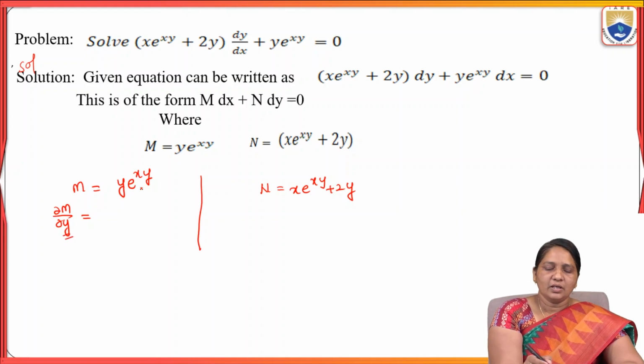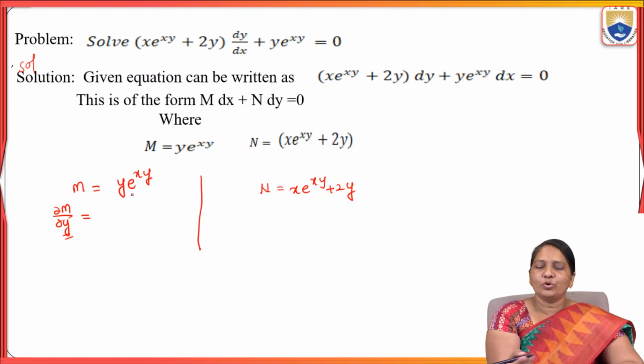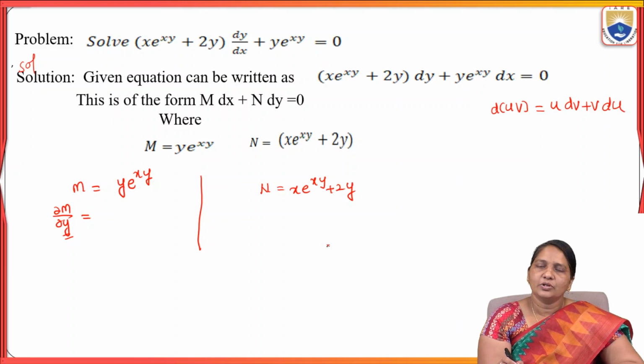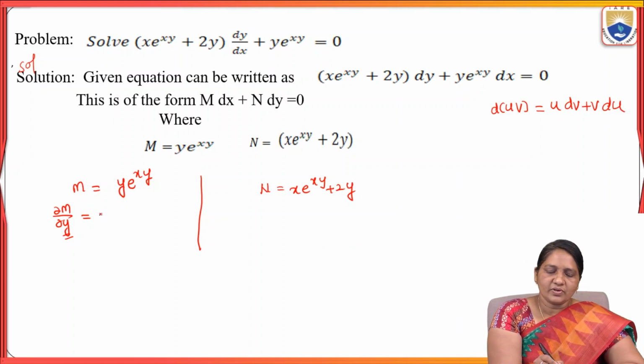Then here two terms are there, so I am going to use the formula for the derivative of u into v, that is u dv plus v du. So first u means y, into the derivative of e power xy.